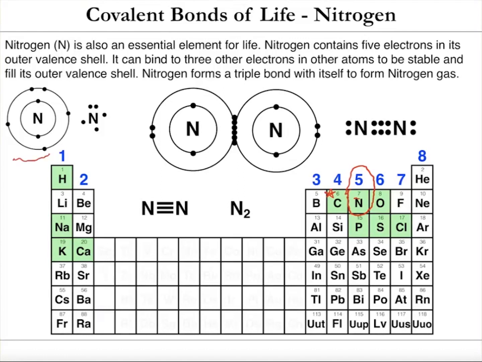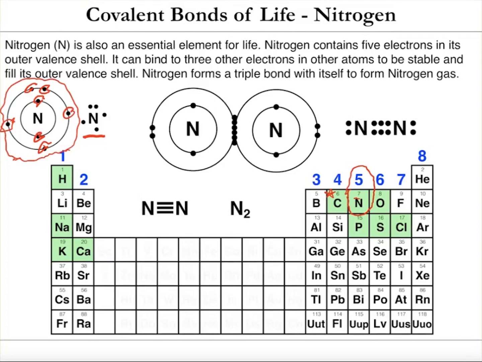So you can see nitrogen right here, and it has 1, 2, 3, 4, 5, 6, 7 electrons. And so that means nitrogen needs to fill 3 more electrons to fulfill the octet rule.